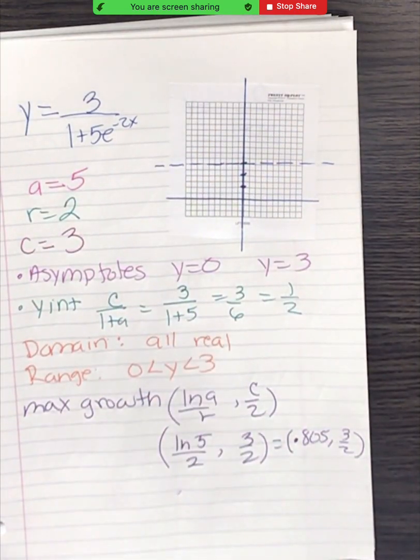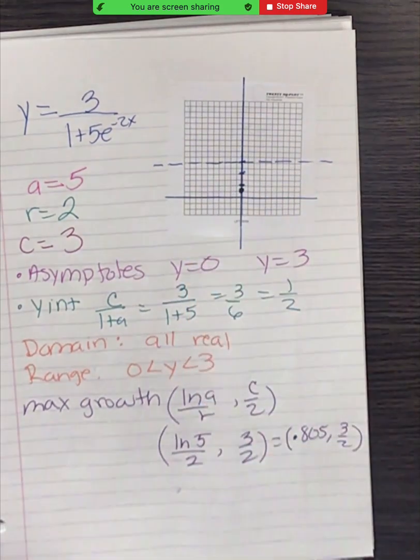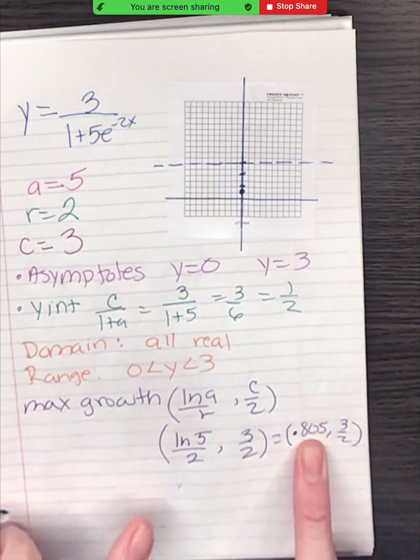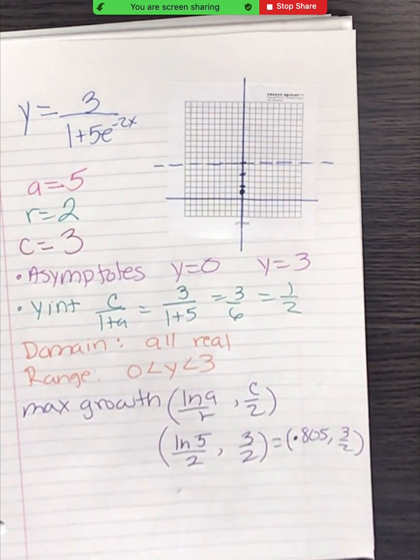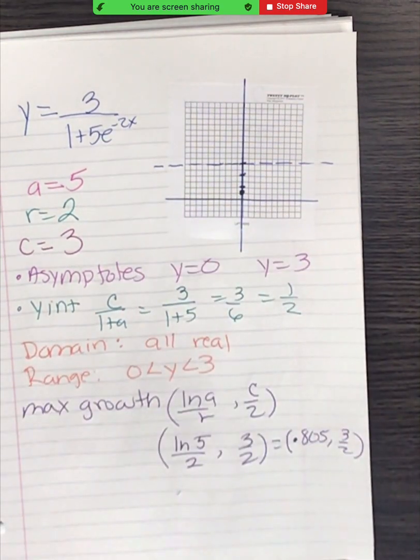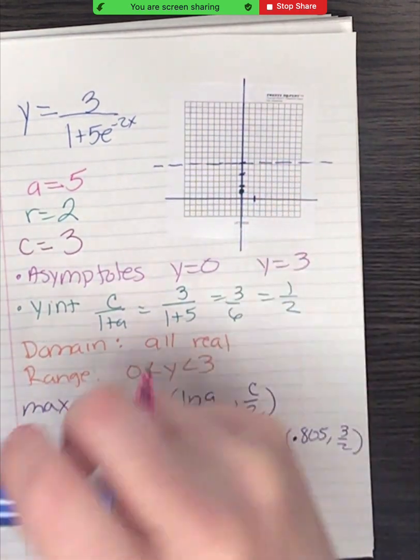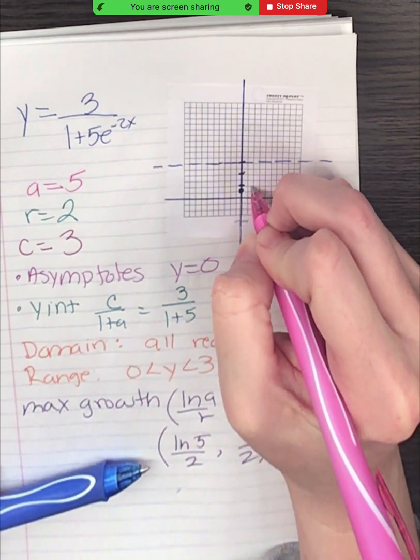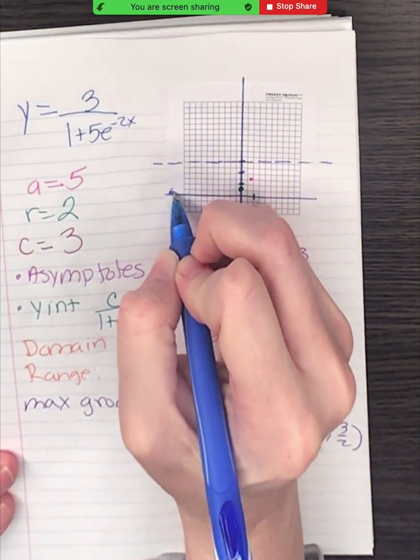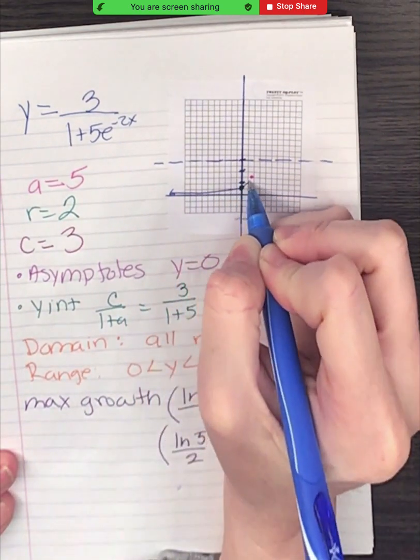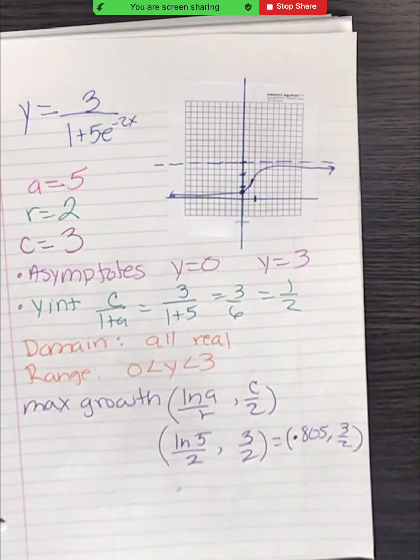Then the y-intercept is 1/2, so it's going to be right here. And it keeps growing until you get to this point. So 0.8, almost to 1, and then 1.5. So you know it's going to increase, cross the axis, increase to this point, and then turn to a decreasing function. And we've made our graph.